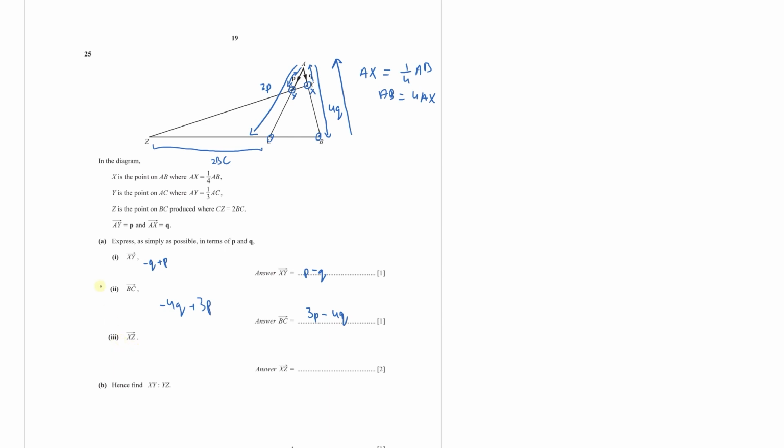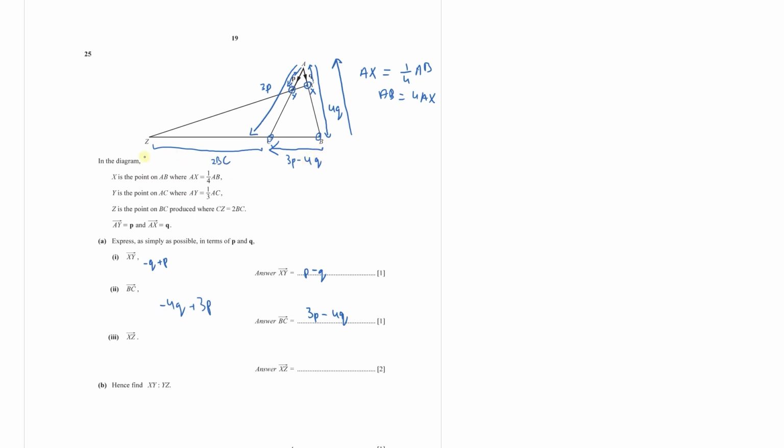Last part of part A is xz. So xz is you're starting from here and then you're ending up here. You've already calculated BC, which is 3P minus 4Q.